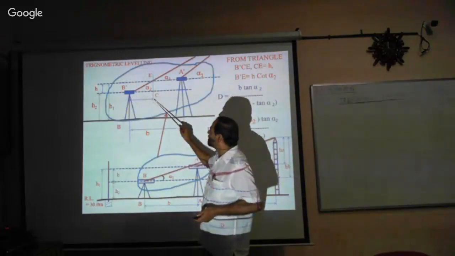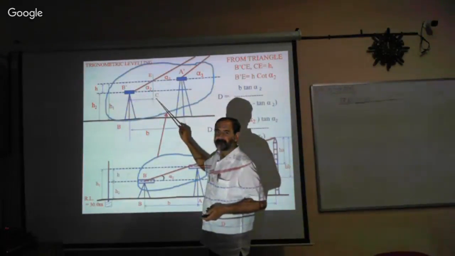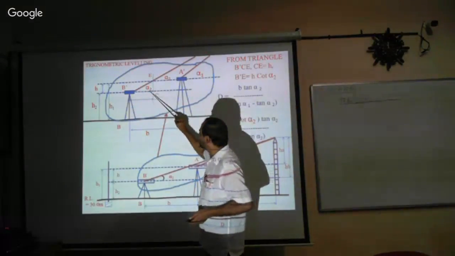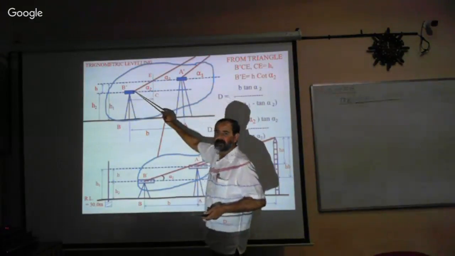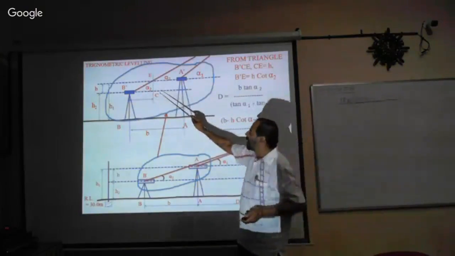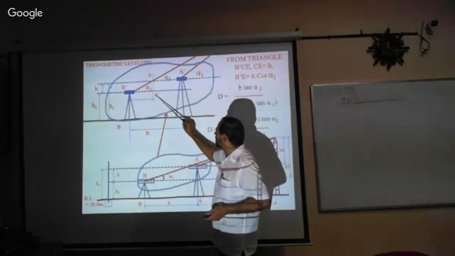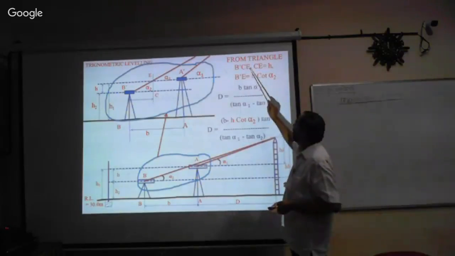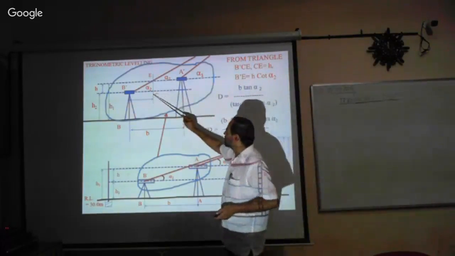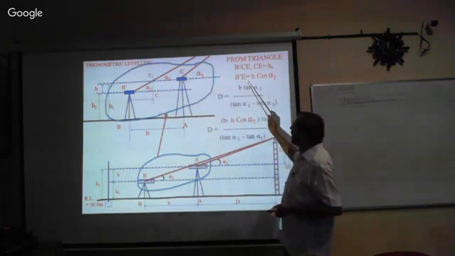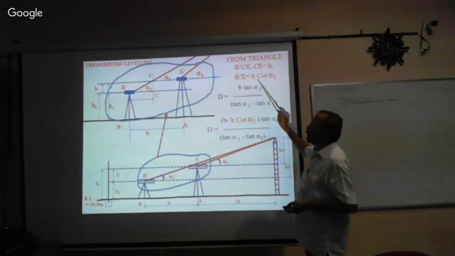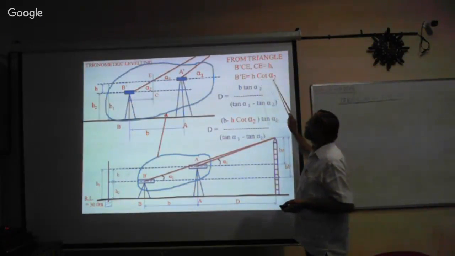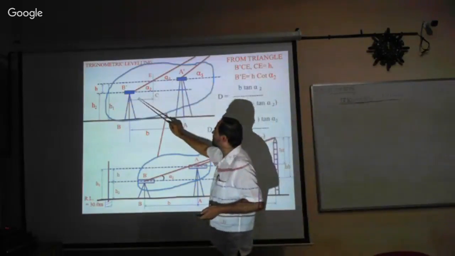Now please tell me what is this distance? By considering this triangle, calculate this B dash C. That becomes H cot alpha 2. This distance becomes H cot alpha 2.